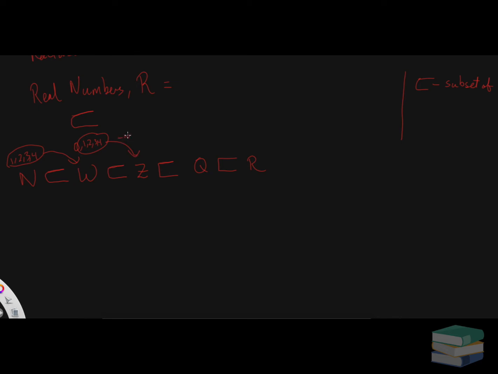So it starts at negative infinity and goes all the way to positive infinity. Q, which are rational numbers, any numbers that could be written as a fraction, so any number a over b. And real numbers are all these numbers here, including irrational numbers. So this could be termed as all the natural numbers plus the whole numbers plus integers plus rational numbers plus all the irrational numbers.